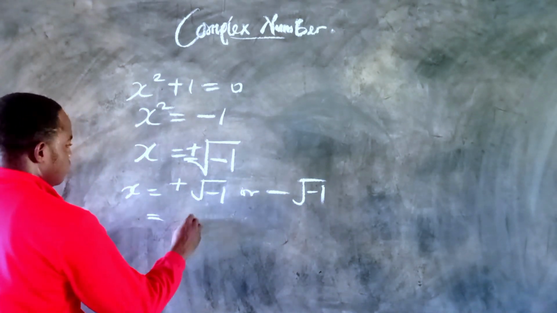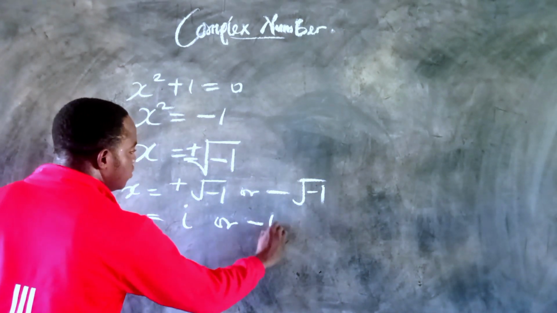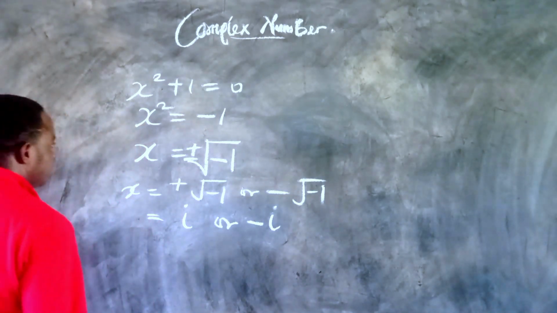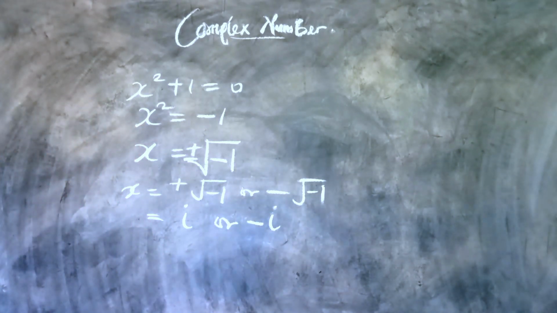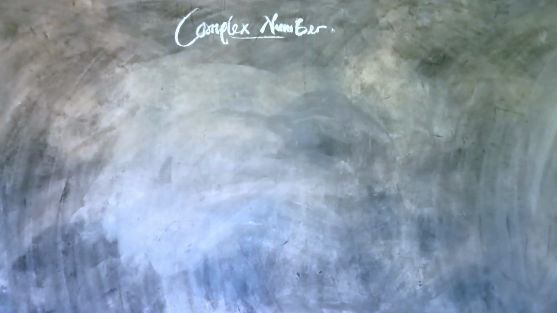So this can be written as i or negative i. And this is an example of a situation where we come by complex number. It is more common that we come by something like this when we are solving quadratic equation.